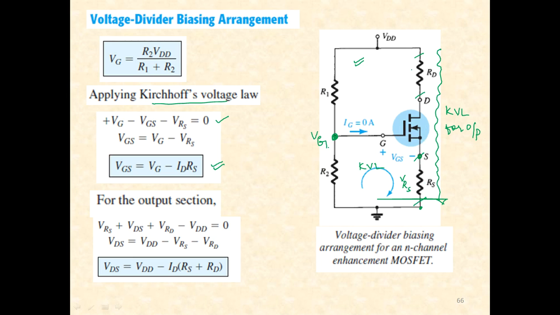So there are 3 drops here, and these 3 drops must be equal to VDD. Finally you can simplify and rearrange to obtain the expression for VDS also.